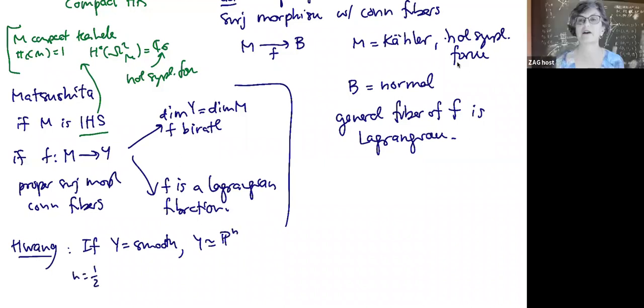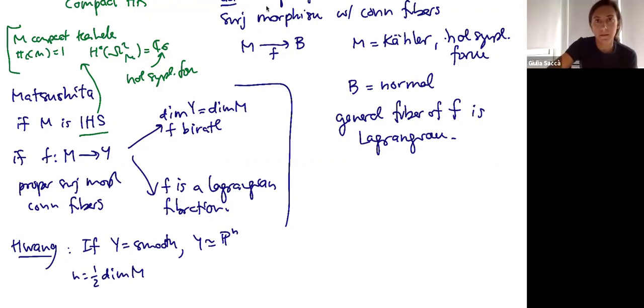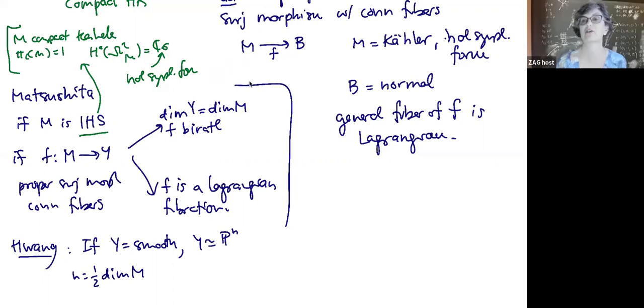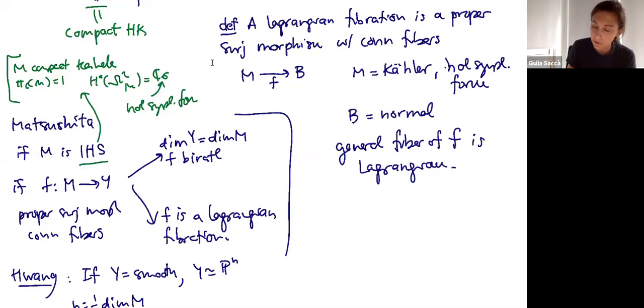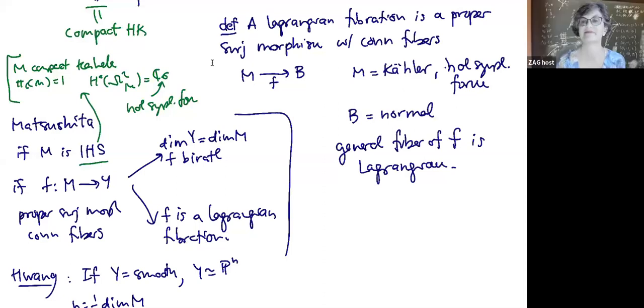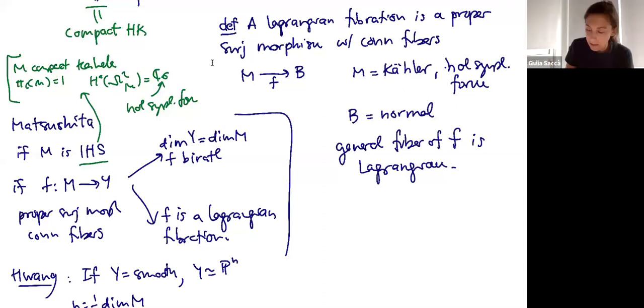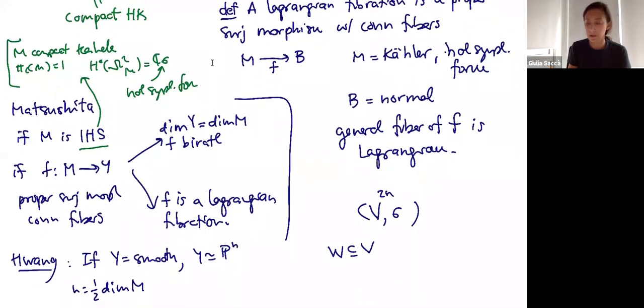We have a question in the chat. Is it possible to recall what Lagrangian means? Oh, yeah. So if I have a symplectic vector space V, symplectic means a non-degenerate alternating two form.